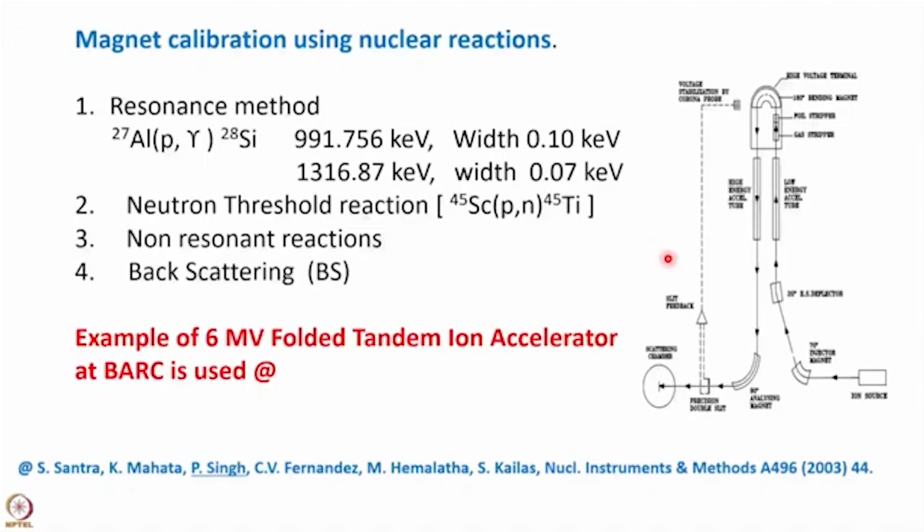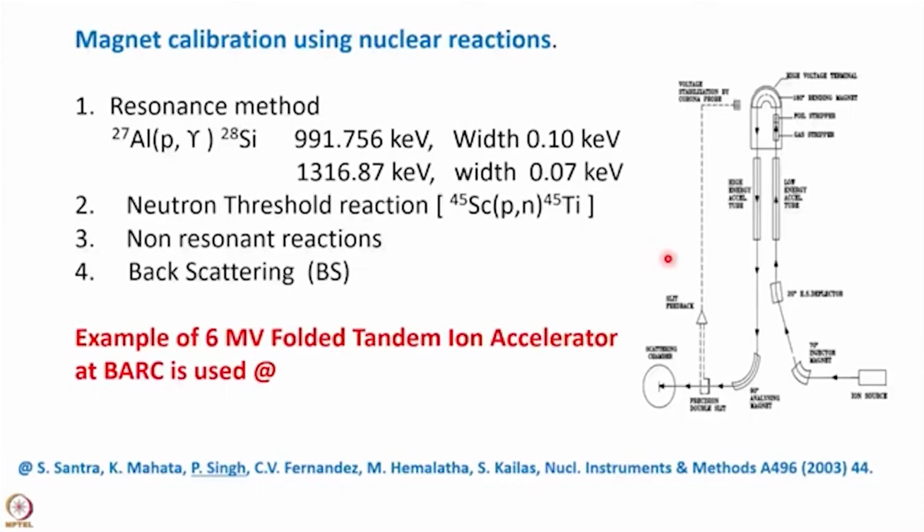That means there will not be any uncertainty in locating the peak, and the energy measurements can be done. Of course, in the same system, we have another resonance at 1.316 MeV, and its natural breadth is also only 0.07 keV. So that is another resonance which is used.